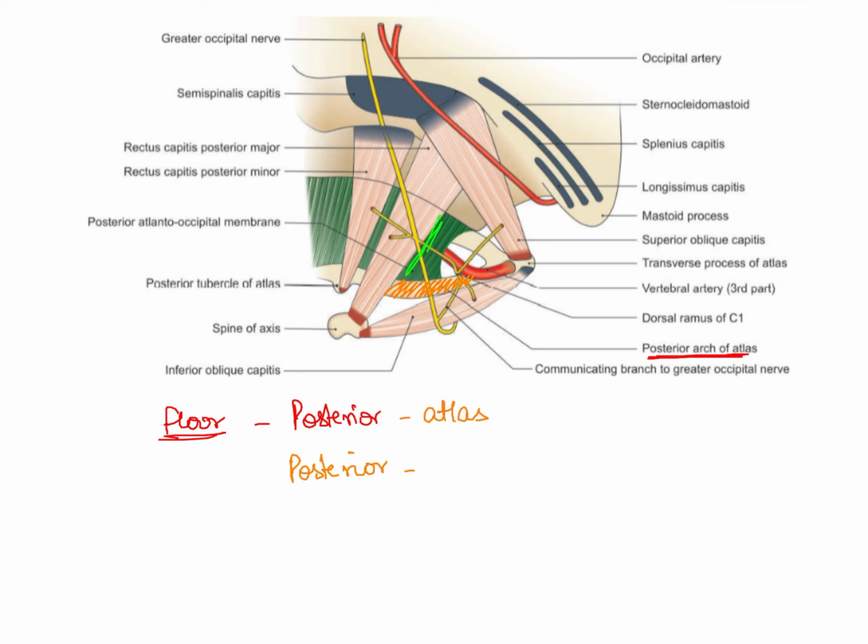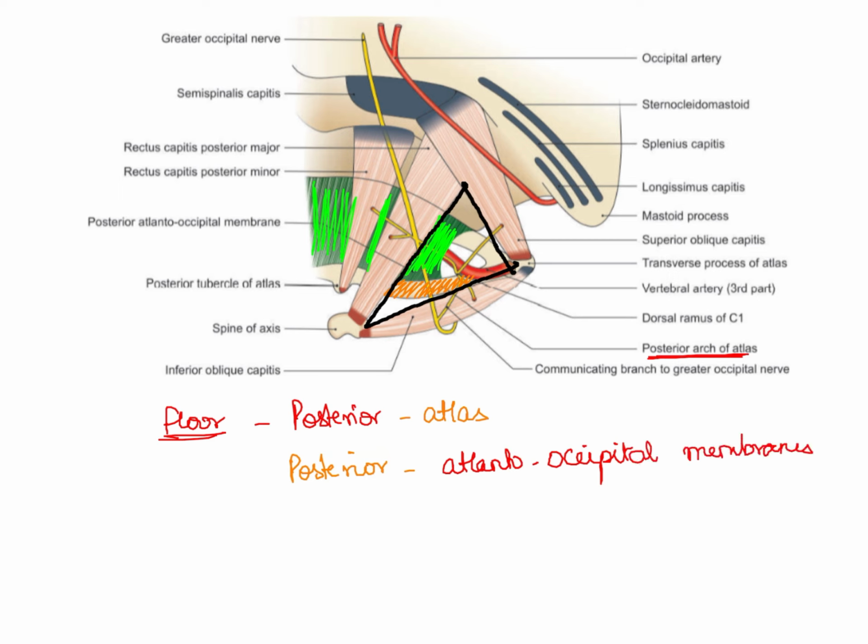Here you can see some green colored membrane running in the suboccipital triangle. This is the suboccipital triangle in this picture. The floor is formed by the posterior arch of atlas as well as the posterior atlanto-occipital membrane. These two posterior structures form the floor of the suboccipital triangle.